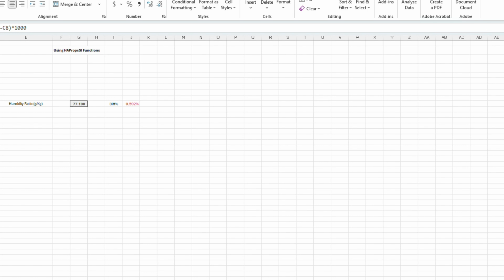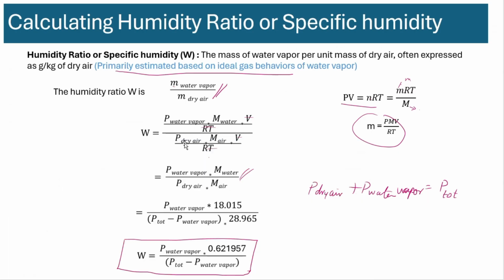But typically, even though that's the SI formula, when you talk about humidity ratio, that will be a really small fraction. So people normally refer to them in grams per kilogram units, which is not SI. So I had to convert the SI units to this unit by multiplying with 1,000. Okay. So the error is roughly 0.6%. So now we know about calculating humidity ratio or specific humidity.